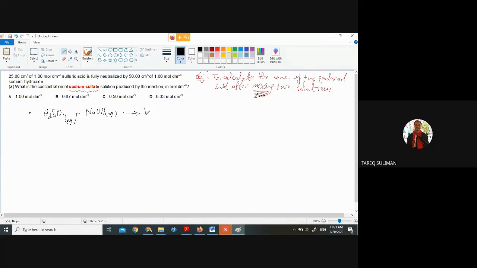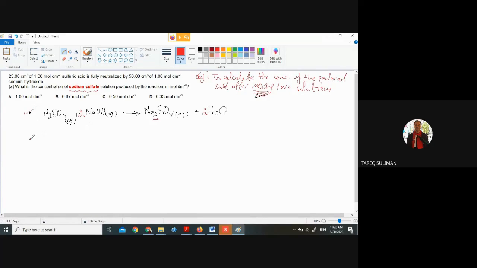Then we obtain sodium sulfate, Na2SO4 aqueous, plus H2O. If we go to the balancing of this equation, we have 2Na, so 2NaOH, and we have 2H on the left and 4H on the right, so we put here 2H2O. This is the first step.